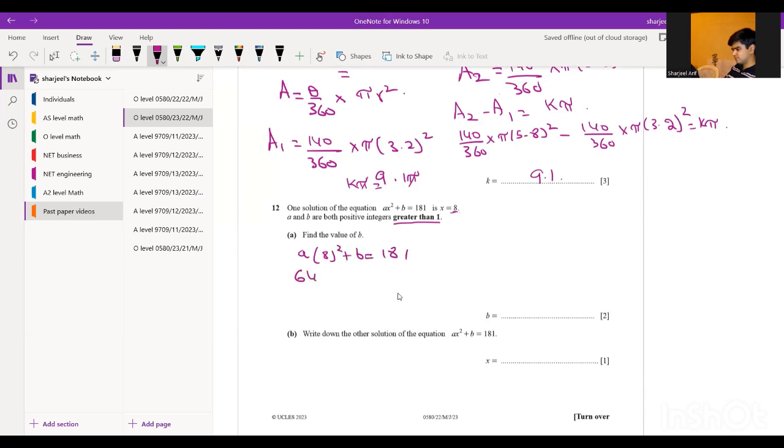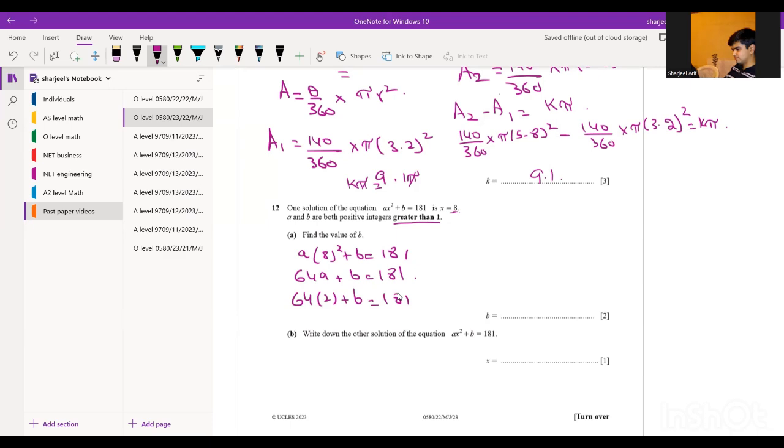So the equation will become 64a plus b equal to 181. If a and b are greater than 1, we will take the value 2, because if we take a equals 3, that will be greater than 181. So we will use a equals 2 to find the value of b. Any value greater than 2 is not possible.